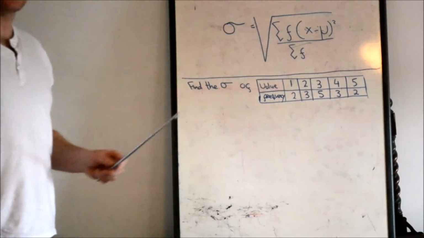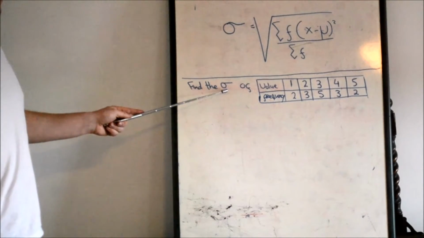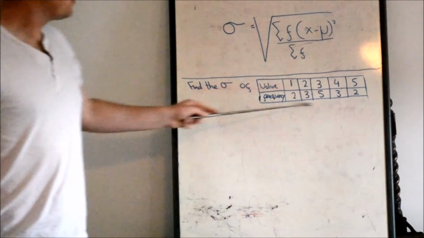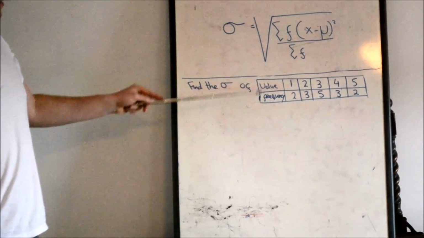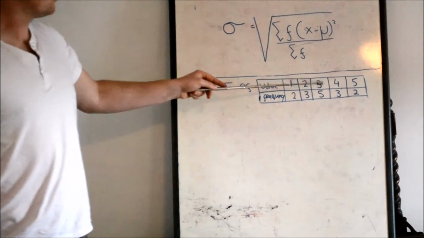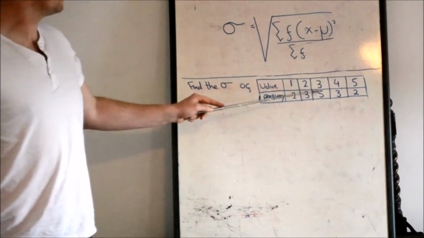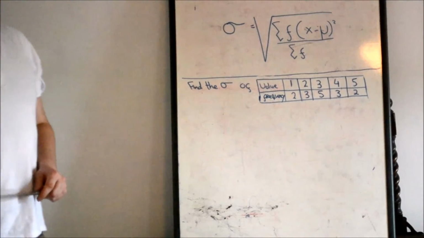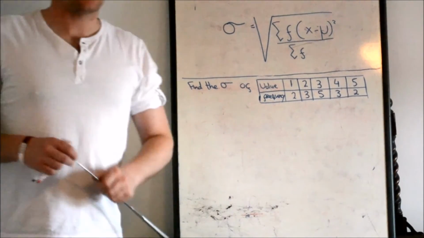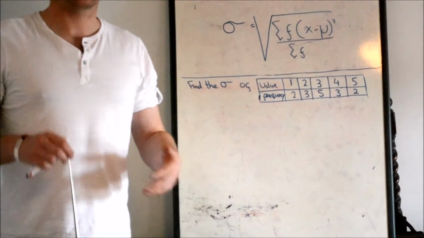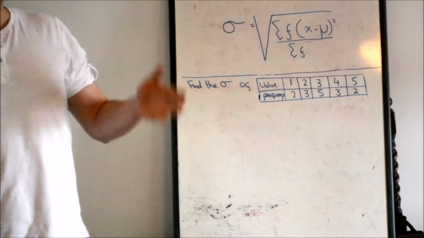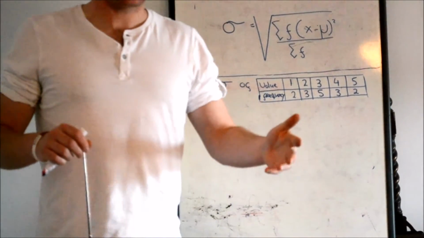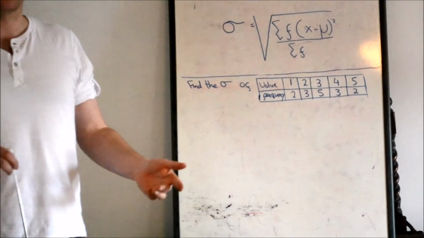So, the question we're asked, find the standard deviation of, and we have a frequency table here. We have the value 1, 2, 3, 4, 5 and the frequency 2, 3, 5, 3, 2. Now let's just take an example of a diver, okay? So they're, you know, the show diving, so in the Olympics. So they dive off a platform and they can score between 1 and 5.